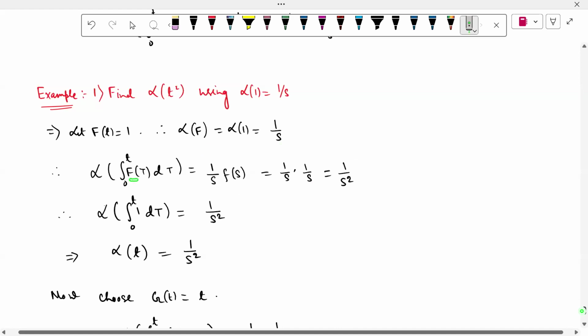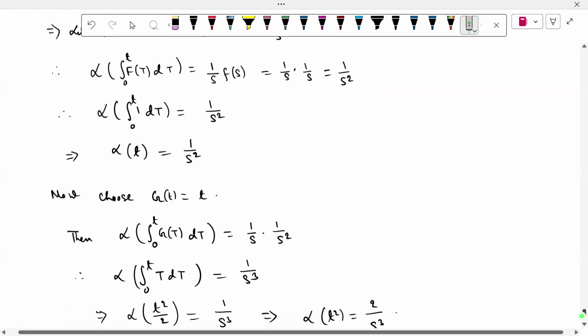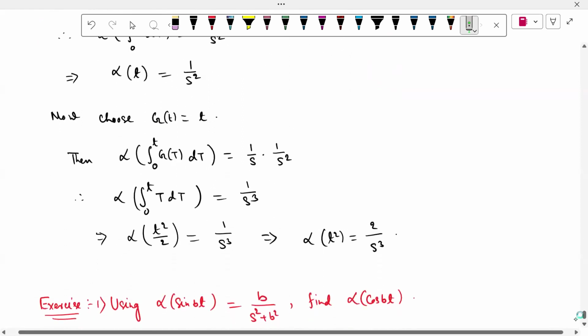So now put the value here. What is our f(t)? We have taken f(t) as 1. So put 1 here. So the integration of 1 dt will be t. So the Laplace transform of t equals 1 by s square. So from 1 you come to t, and repeat the process for t again. Now you choose g(t) and repeat the same process, and you can obtain this result.